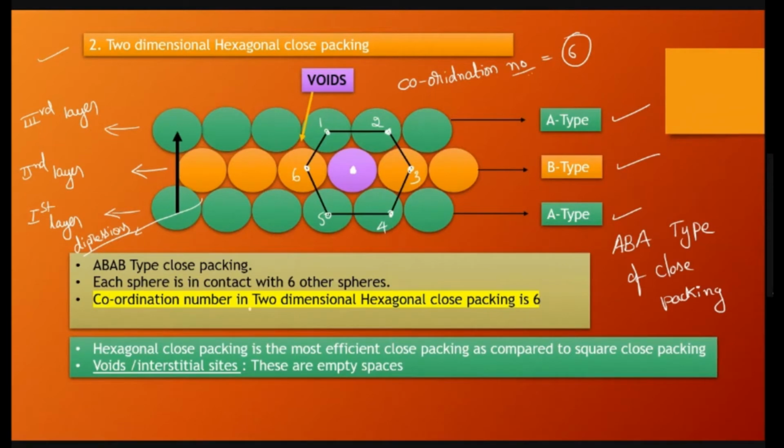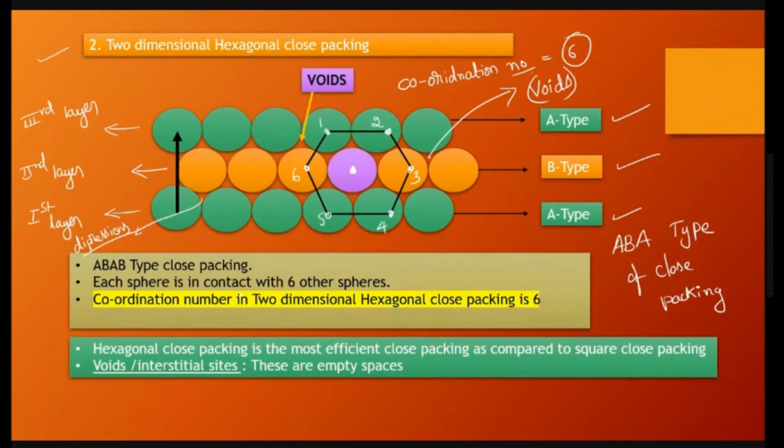So the coordination number is 6 and the type of arrangement is 2-dimensional hexagonal close packing, right? And here also we can see some space left unoccupied. These are called voids. So here also you can see the voids. Voids are nothing but the empty spaces.